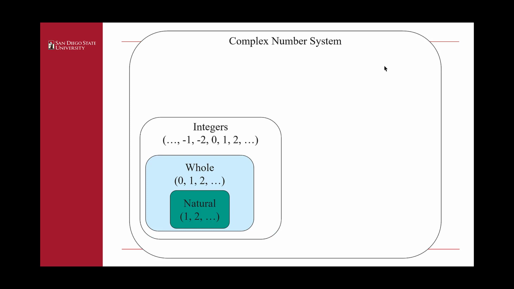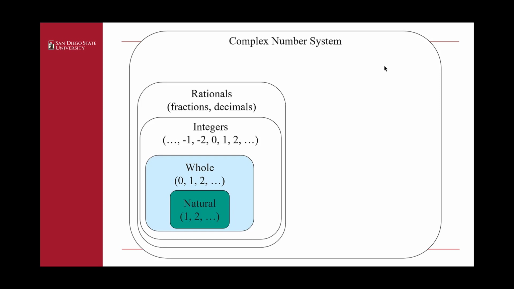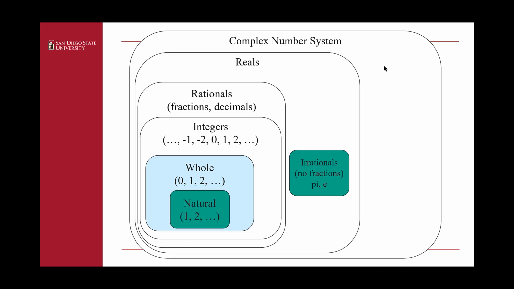We also include integers, and as we already have -i, negative numbers are also a part of the complex number system. We also have rationals, which can be divided. We also have irrationals, pi, e, and we also include real numbers, which is already a large set itself, but the complex number system is the largest so far.